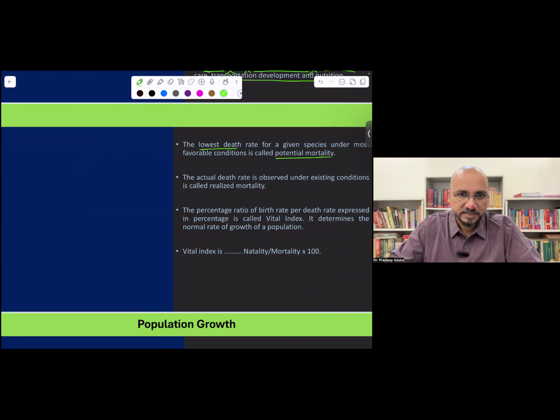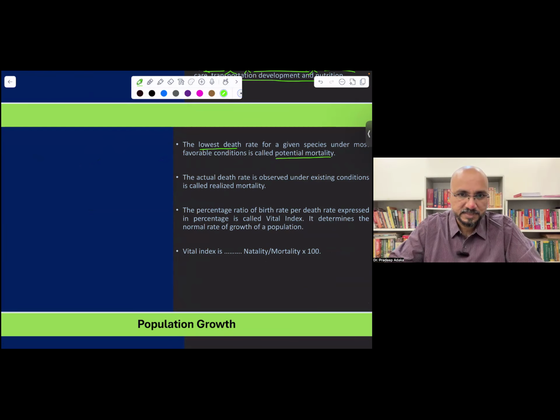Fecundity is the potential. It is the maximum potential of an organism: how many children it can give birth to in its lifespan, the maximum theoretical value. So if it is healthy, it has more eggs, it will give birth to more individuals. So fecundity is the maximum capacity, the potential of giving birth. Actually birth has not happened; it is the ability or the actual potential to give birth.